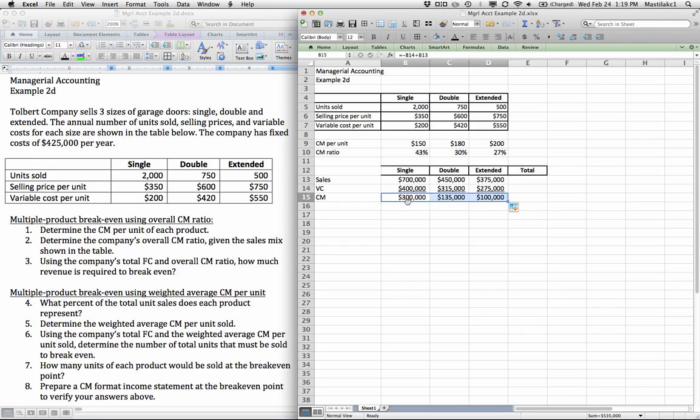So this is our total CM that's earned by these 3 products. And then to come up with the company-wide total, we can simply add those up. And so now we know that the overall company has sales of $1,525,000 and contribution margin of $535,000.